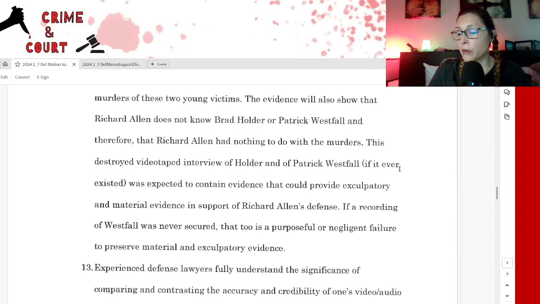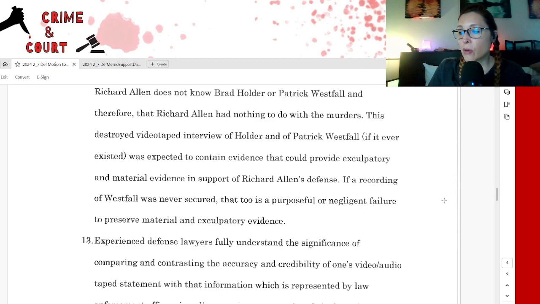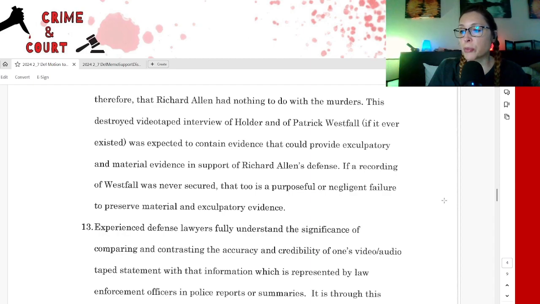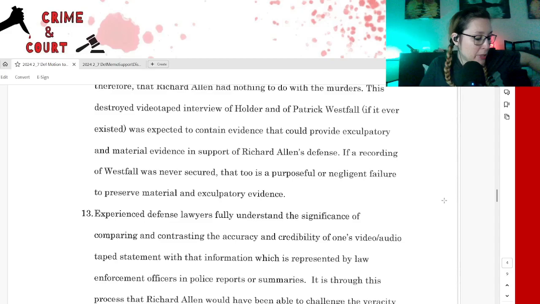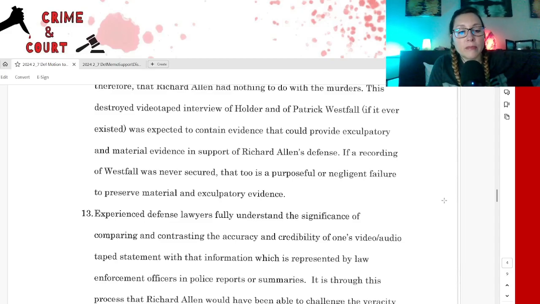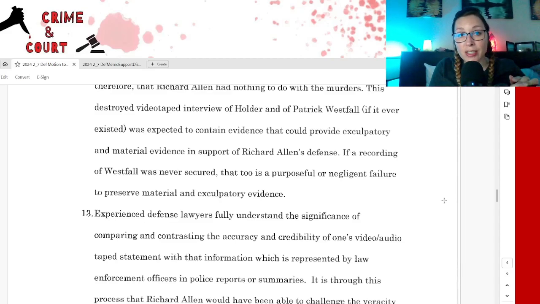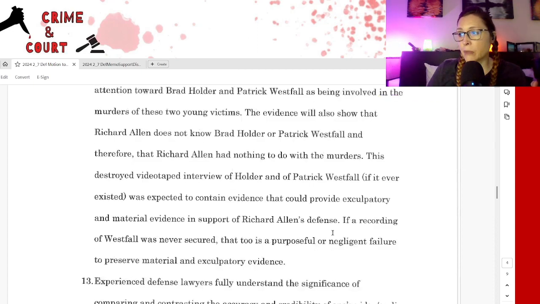All right. If recording of Westfall was never secured, that too is a purposeful or neglectful failure to preserve material and exculpatory evidence. Basically, they're calling them out as negligent. If not negligent, then they did it intentionally to get rid of that evidence, because it is key witness evidence, key, what did he call it?